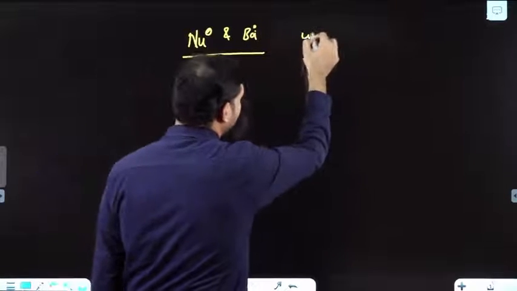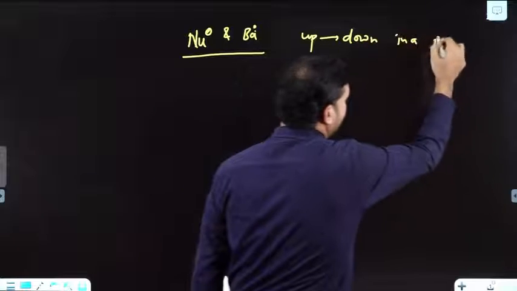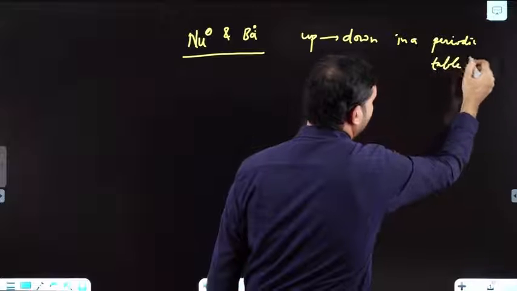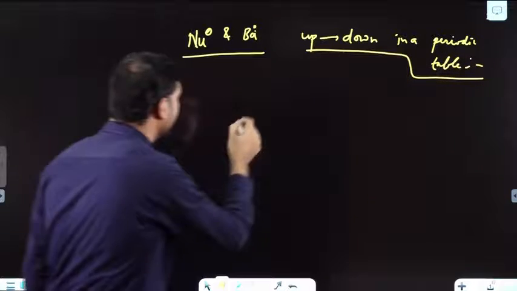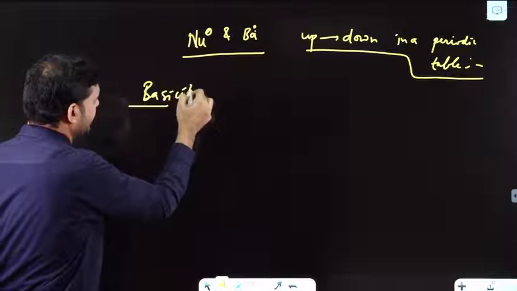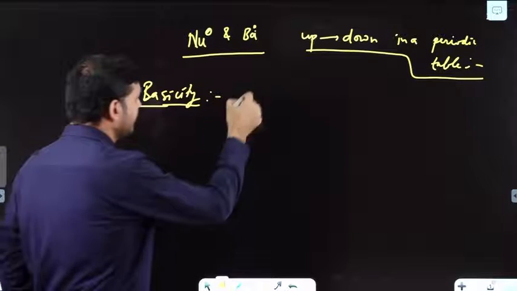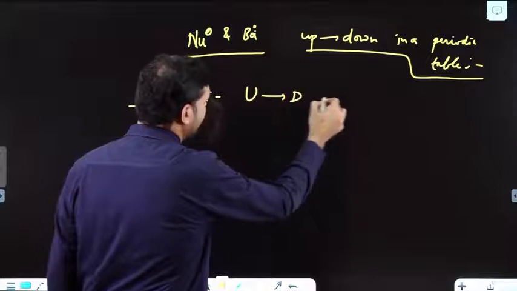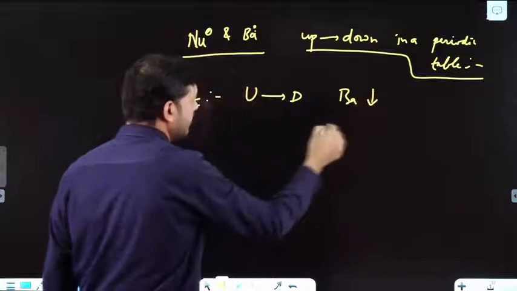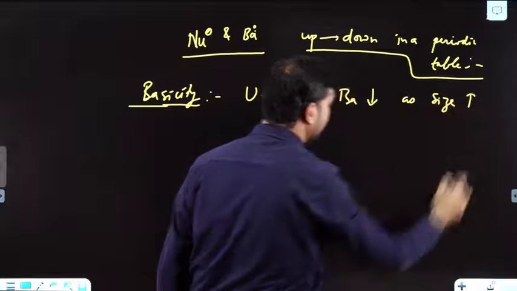Nucleophilicity and basicity up to down in a periodic table. So first understand about basicity. Now when I say basicity, up to down basicity decreases as size increases.